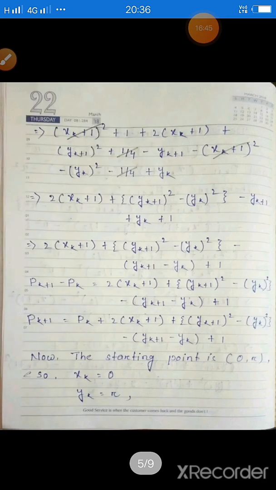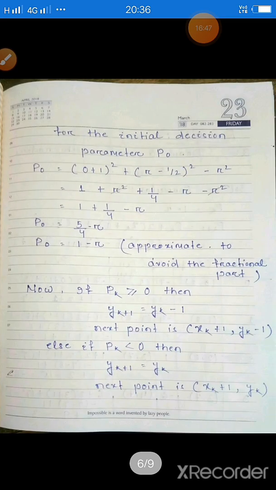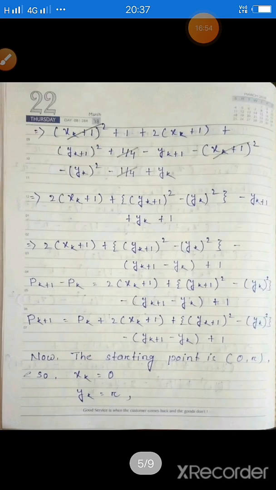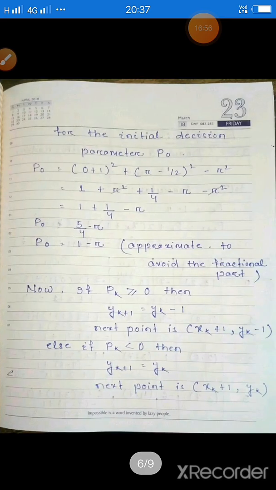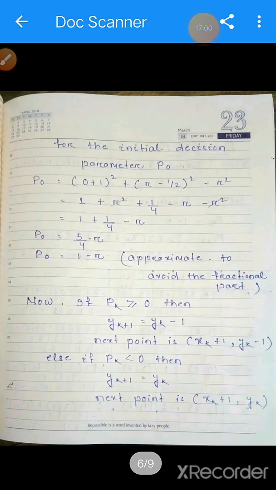xk value is 0, so it is 0 plus 1, plus yk value is r, y square, r minus 1 by 2 whole square minus r square. After that we find 0 plus 1 means 1, then plus r square.